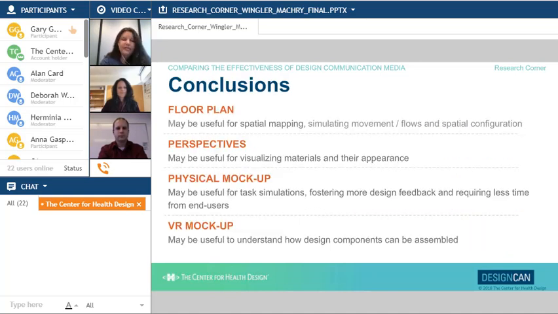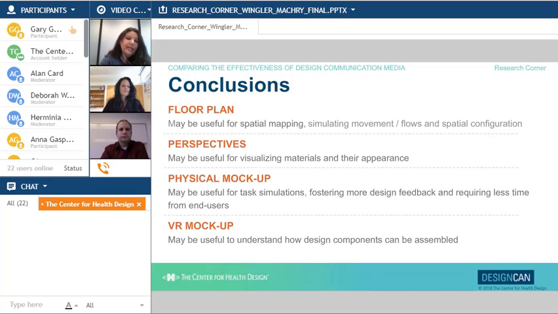So, overall conclusions of this is that all these media help, but in different ways, right? So floor plans may be more useful for spatial mapping, simulating movement and flows and spatial configuration, like how spaces are connected to each other, for instance. Perspectives may be more useful for visualizing materials and their appearance.